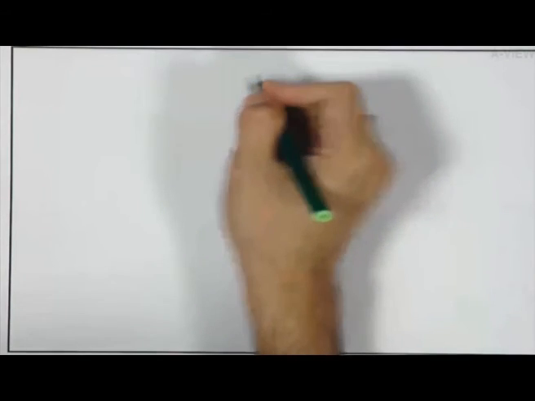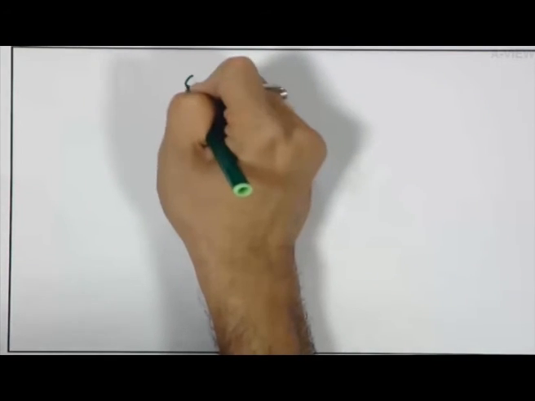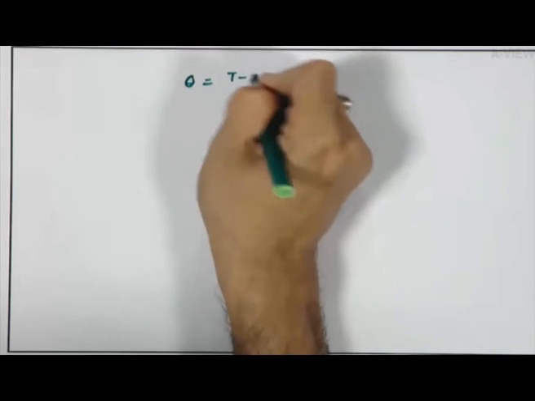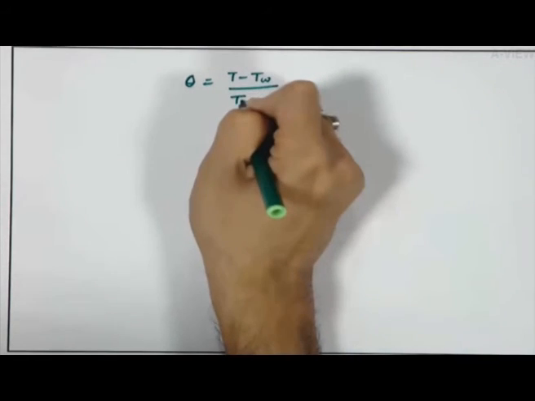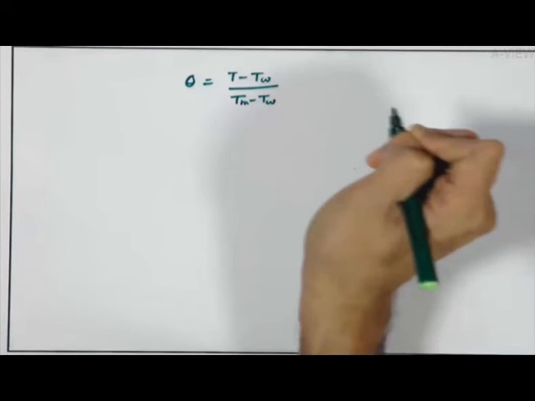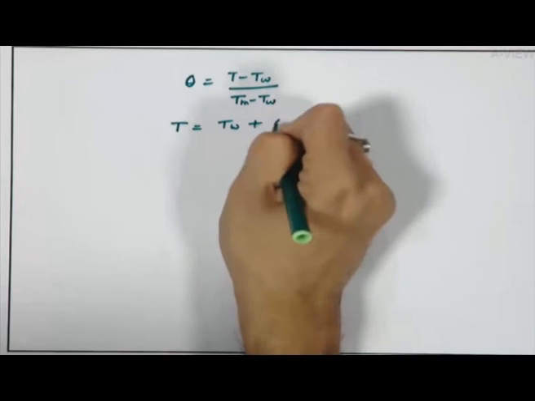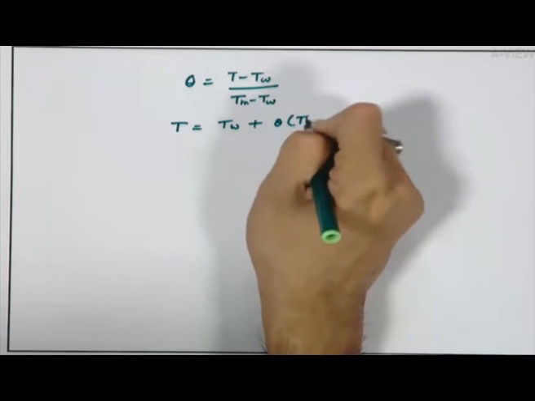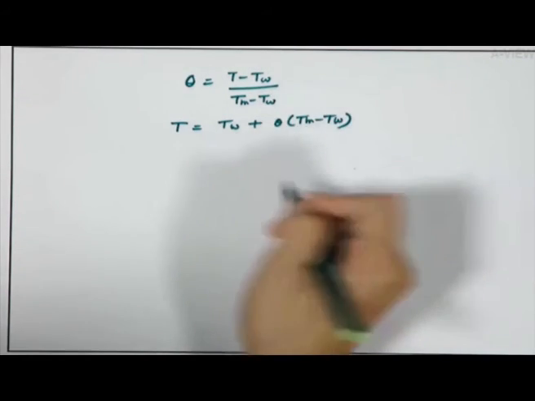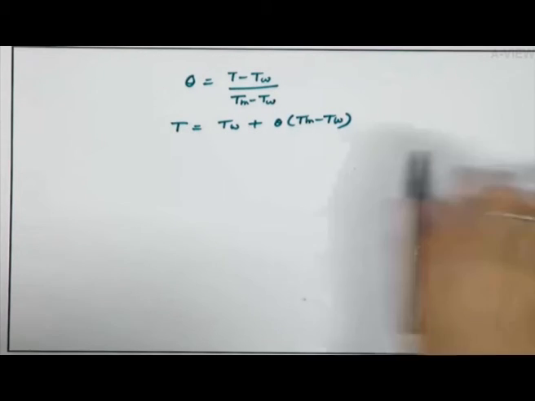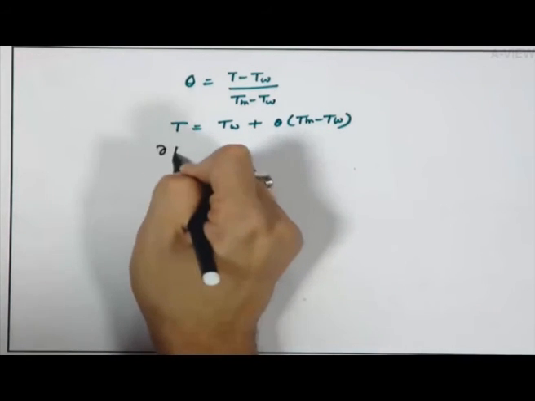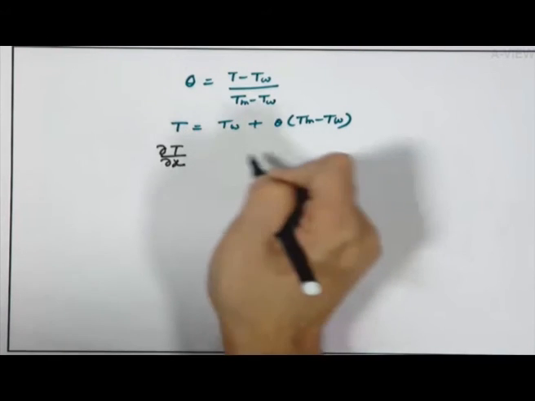Then let us consider the definition of theta. Theta is equal to T minus T wall by Tm minus T wall. So T is equal to T wall plus theta into Tm minus T wall. Differentiate both sides with respect to x. T being a function of x and y, this will become a partial derivative.